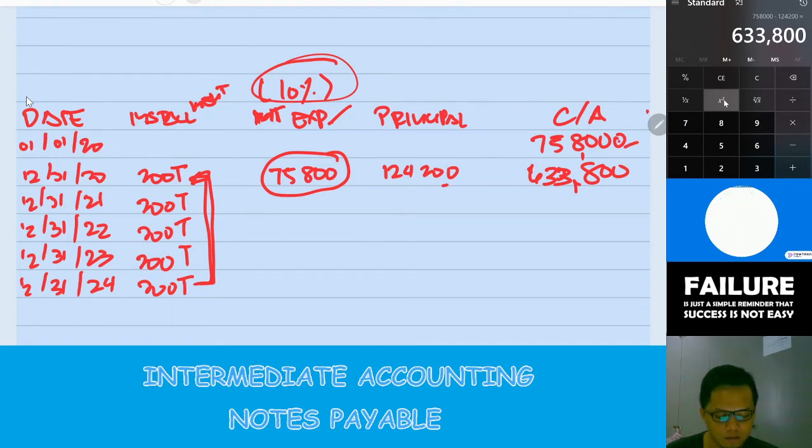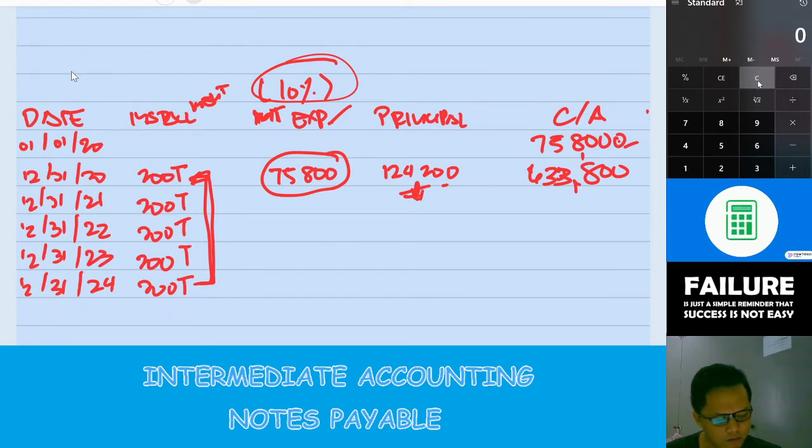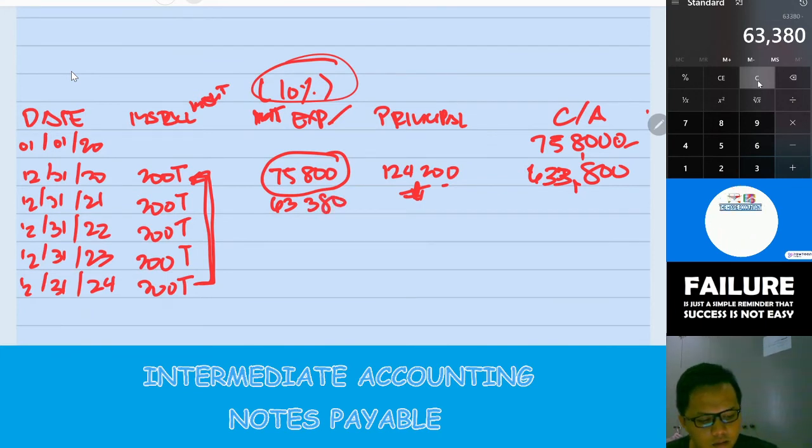10% of the carrying amount. So that is 75,800. Diba? 75,800. So the amount applicable for the principal is only 124,200. Okay? So if we continue this, 633,800 times 10%. So the interest in 2021, that is 63,380 minus 200,000.